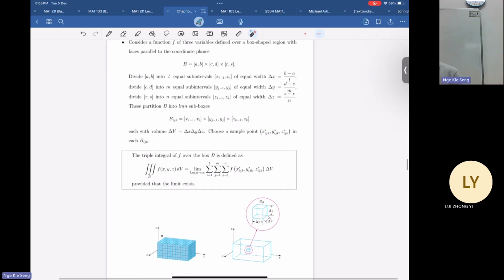So in calculus 1, your domain is just an interval. Just now we learned double integral, where my domain becomes a surface, or we start with squares, and then the volume is the boxes. But now the domain itself is a box.